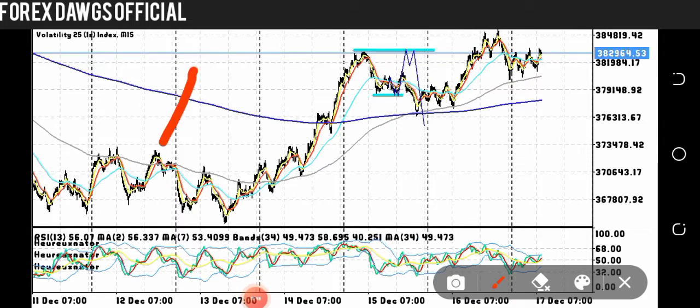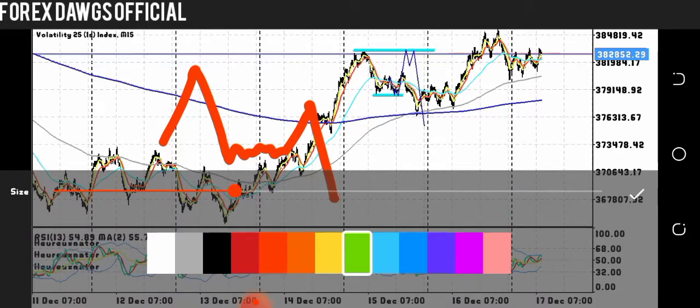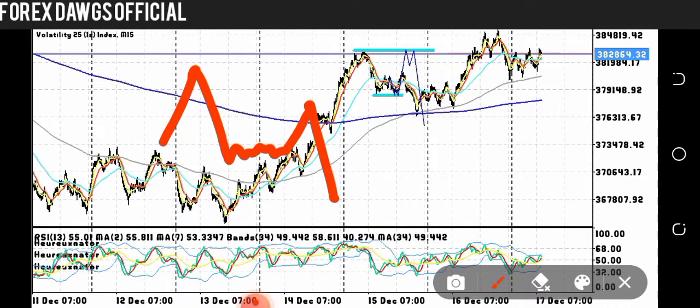I was talking about this, that this is our first leg, that is our neck, that is our second leg, right? Let me try to change the color. As retailers we think the same mentally. As you can see, when the graph was moving at this point, retailers were buying, and they were putting their stop losses slightly below.